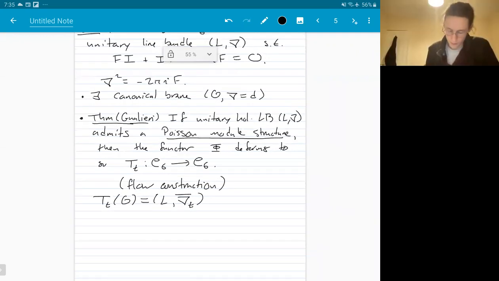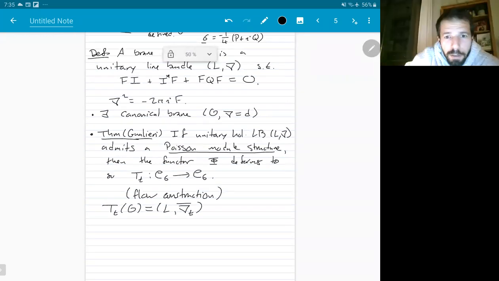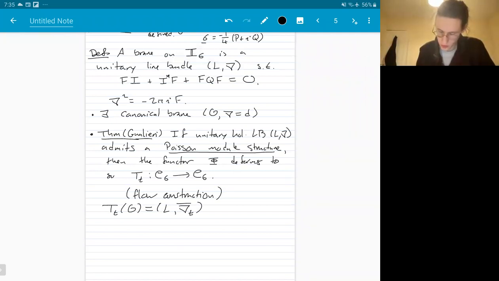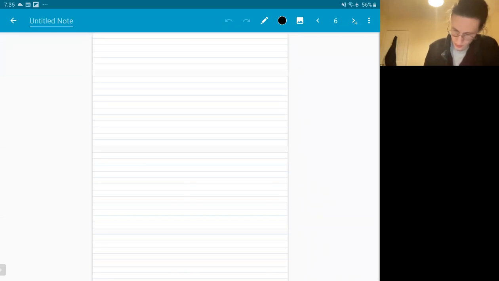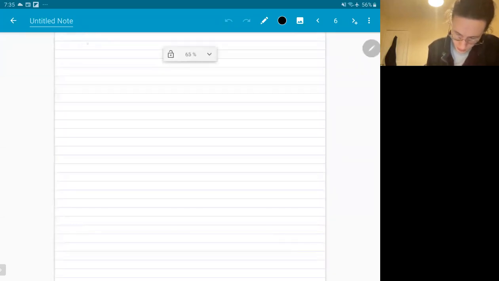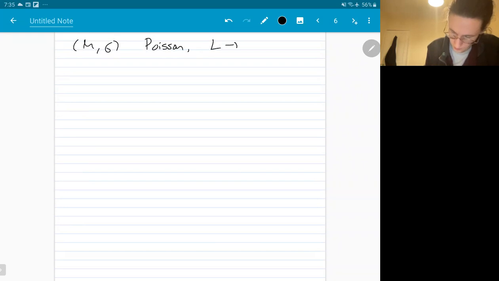Okay, so can you recall what a Poisson module structure is? Yeah, sure. You could imagine that M with sigma is a Poisson manifold, and L is a line bundle.